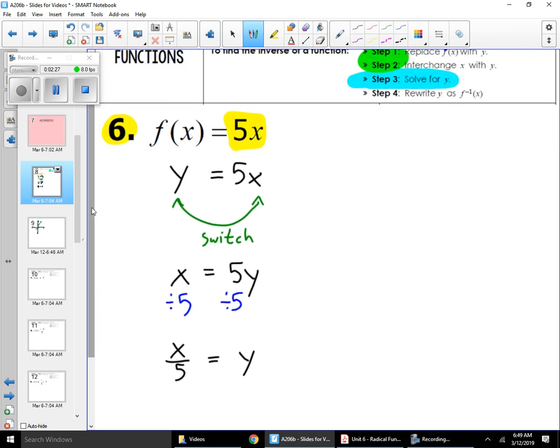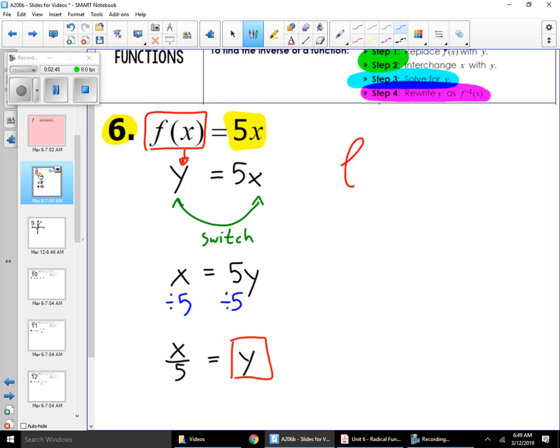Note that they want us to rewrite this with proper function notation, so we can go ahead and do that. So the very first thing that we did was we replaced f of x with y. Now we're going to replace y with f inverse of x, because this is our inverse function. So f inverse of x is going to be x over 5.